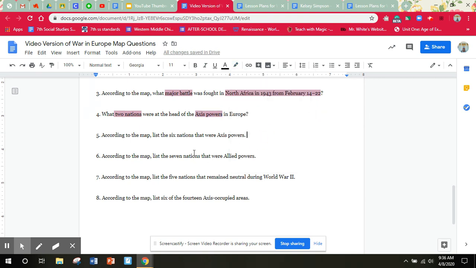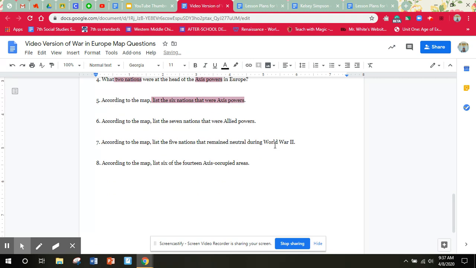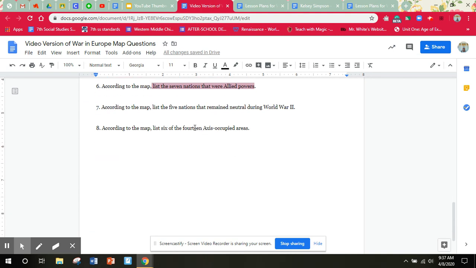According to the map, list the 6 nations that were Axis powers. So we are here just making a list of the 6 nations that made up the Axis powers. According to the map, list the 7 nations that were Allied powers. So again, we're just listing who belonged to what alliance. According to the map, list the 5 nations that remained neutral during World War II.